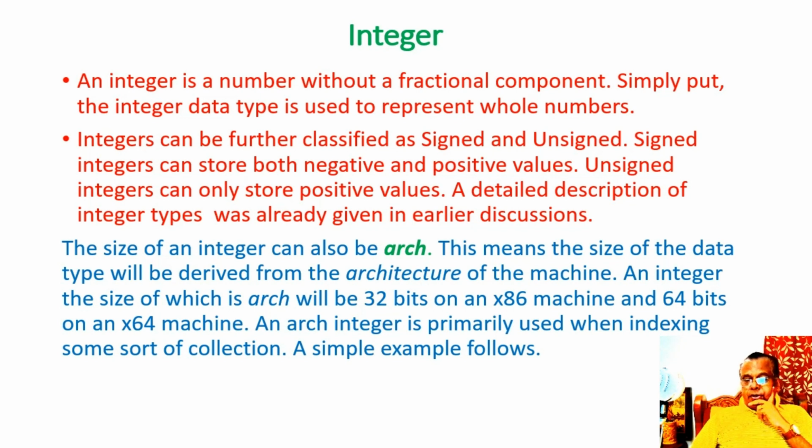Integers can be further classified as signed and unsigned. Signed integers can store both negative and positive values. Unsigned integers can only store positive values. A detailed description of integer types was already given in earlier discussions.